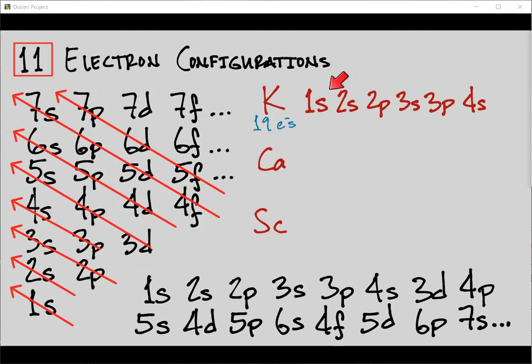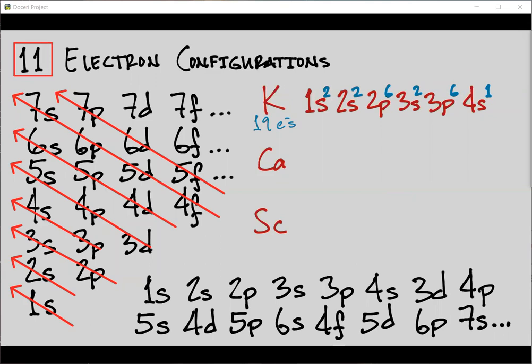So that would be 2 in the 1s, 2 in the 2s, 6 in the 2p, 2 in 3s, 6 in the 3p, and then 1 in the 4s. And when you count all these superscripts, these numbers up top, that should equate to 19 electrons. So that's how you distribute all 19 electrons.